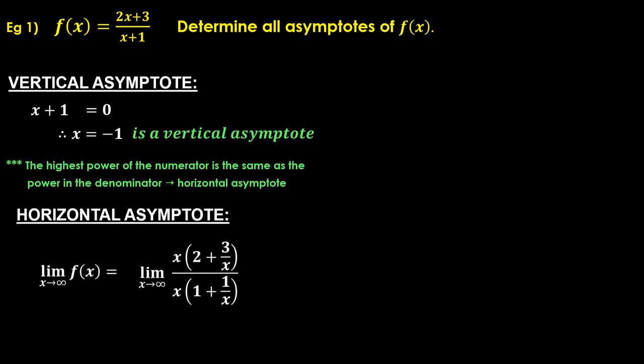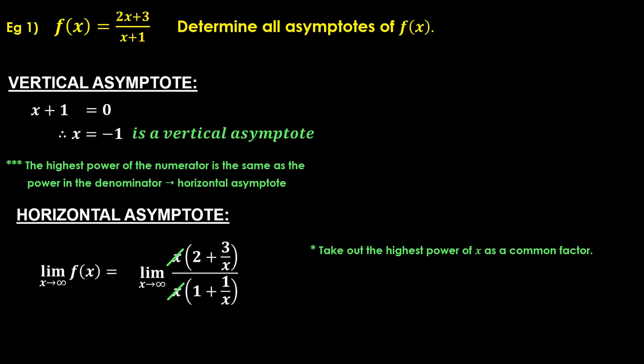One of the ways to calculate the limit as x tends to infinity of a function is to take out the highest power of x as a common factor on the top and on the bottom. So in the numerator, the highest power of x is x, and in the denominator, the highest power is also x. So if I take them out as common factors, those x's can cancel.